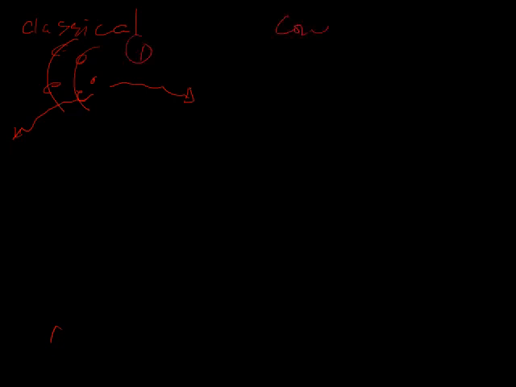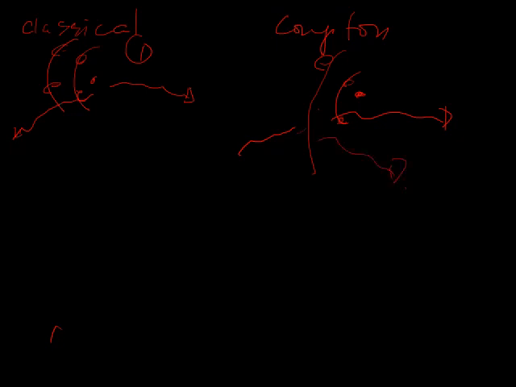Sa Compton naman, so there is ionization sa outer shell. So, na-ionize yung outer shell. So, there is a secondary electron which is what we call the Compton electron. So, may ionization na nangyari sa outer shell.